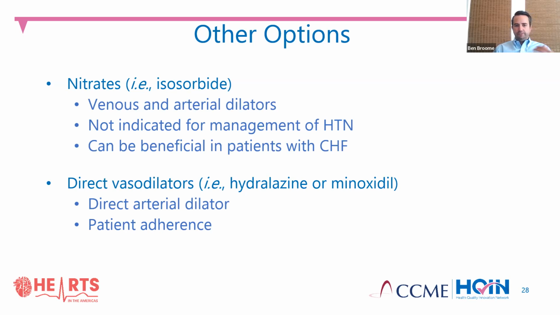Issues here, hydralazine is usually 3 times a day, so you can have issues with compliance or adherence rather. And then minoxidil also very often can get complaints of edema, lower extremity swelling, fluid retention, those sorts of things.